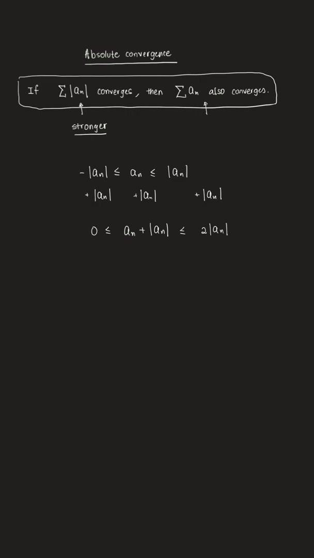Our assumption is that the series with a sub n in absolute value converges. Because this is true, we can also say that 2 times the series of absolute value a sub n converges, because we just take out a 2. It's still convergent, right? So the series whose nth term is 2 absolute value a sub n will converge.